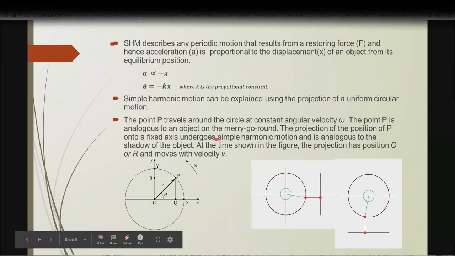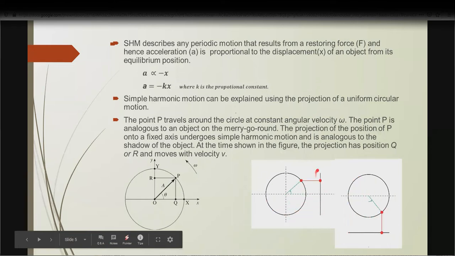And you can understand simple harmonic motion using a projection of a circular motion. Let's look at this dot. It is performing circular motion, and this one is the projection of that.